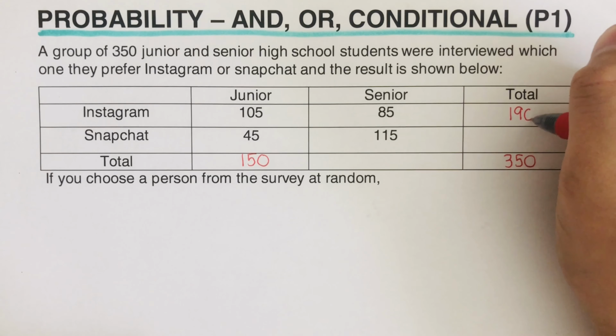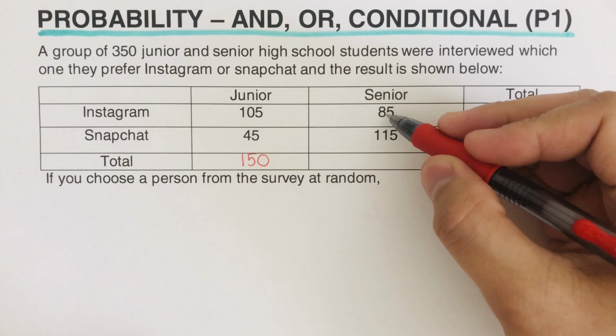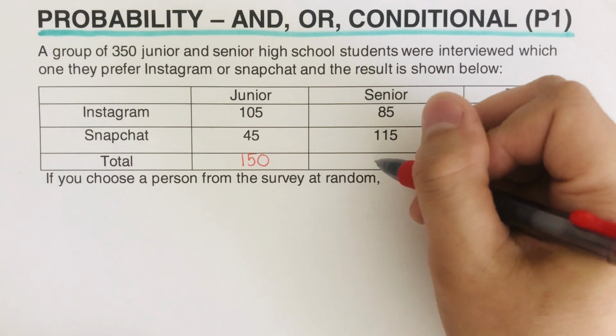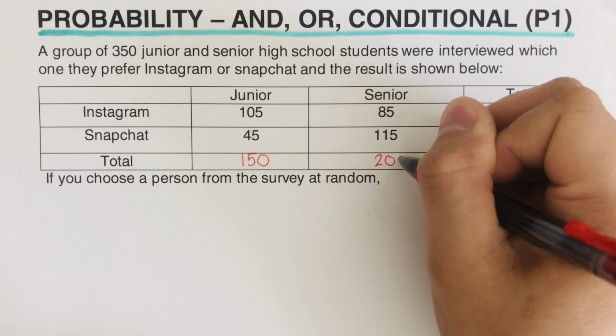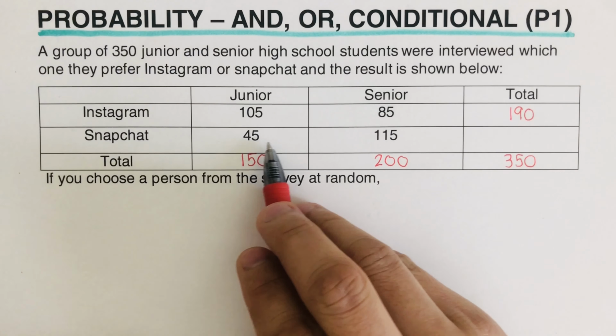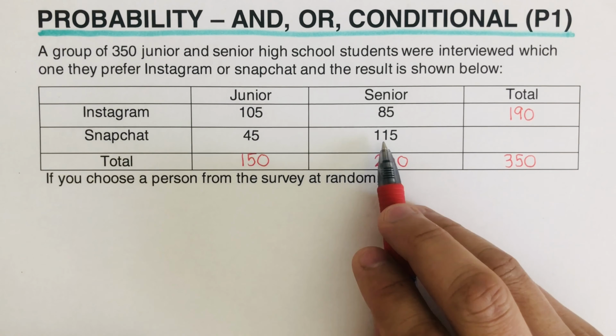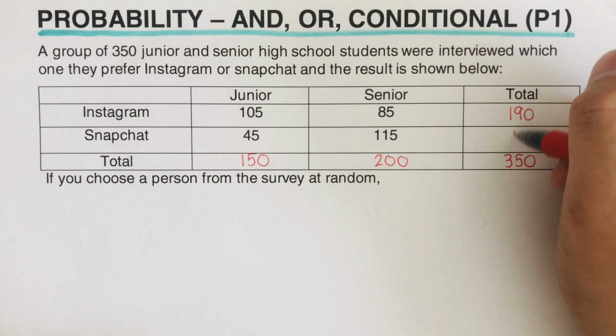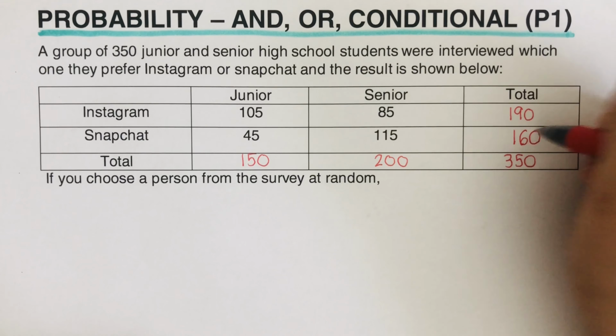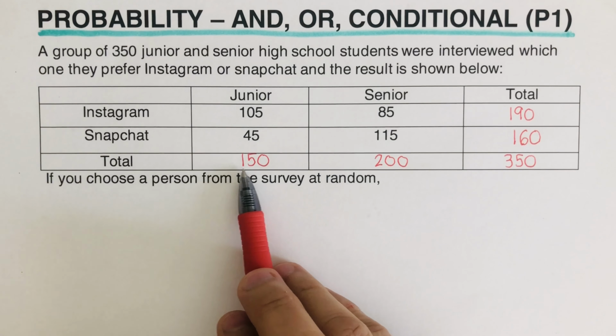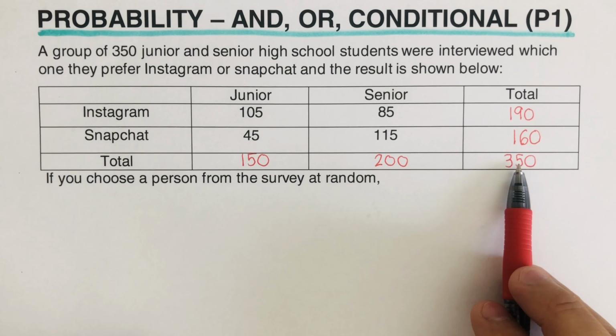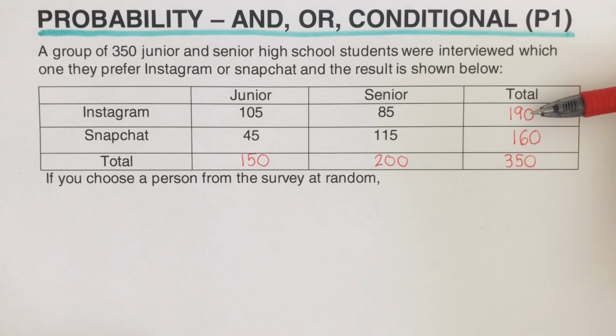Then this second column, 85 plus 115 would be 200. And this row right here, 45 plus 115 is 160. Then we can check if they match up. So 150 plus 200 is 350, and if you add 190 and 160, it's 350.